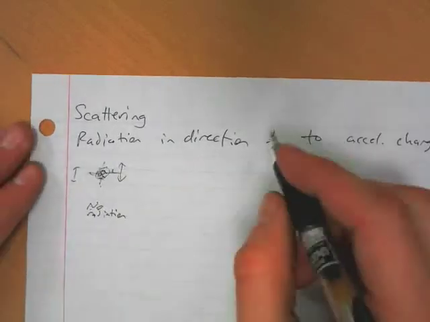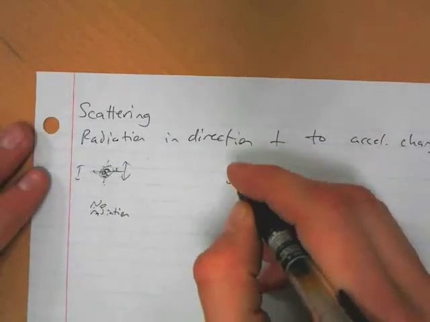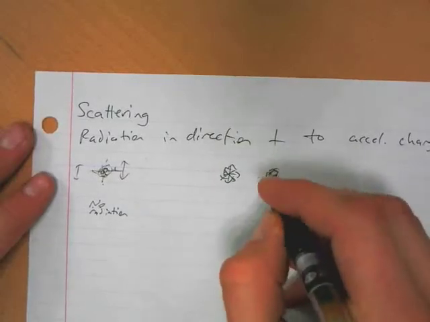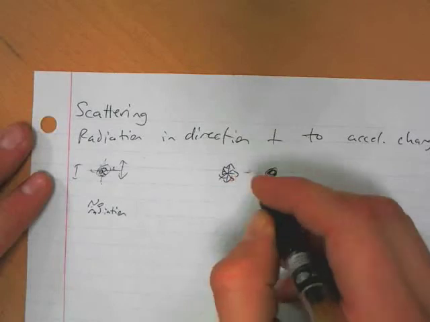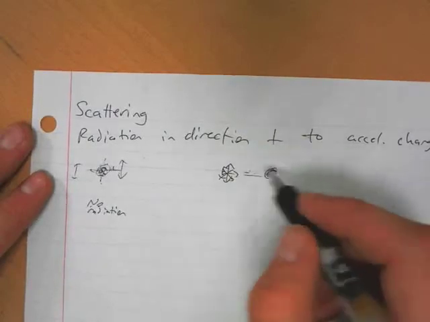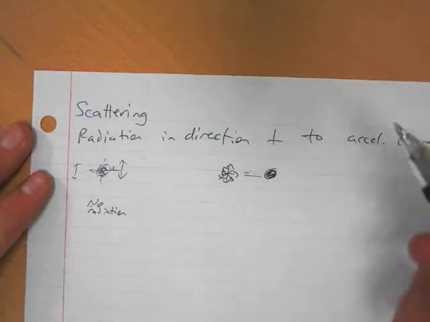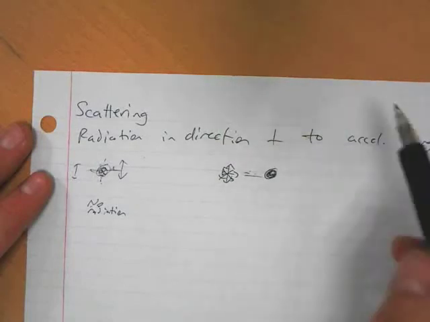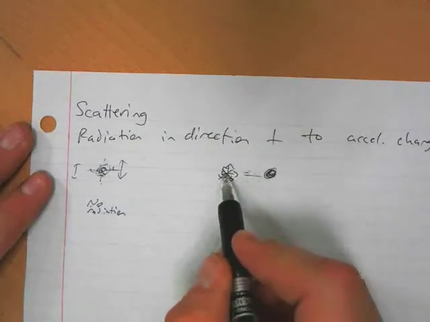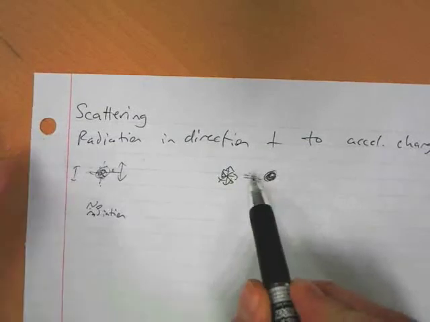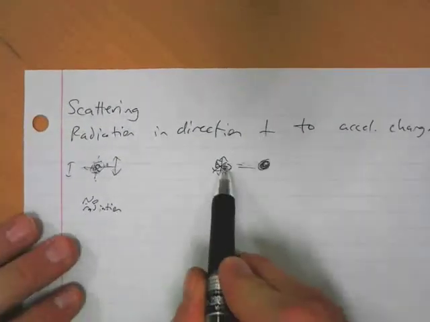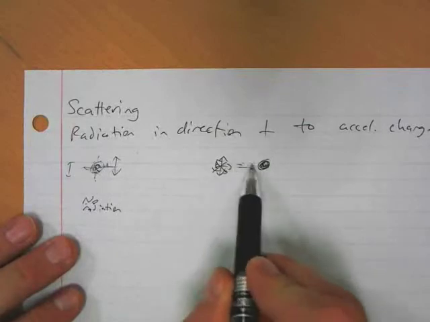Now let's say we've got some unpolarized light coming in at our molecule, and it's moving this way, hits our molecule, and this guy starts oscillating about in all directions. However, if this is moving to the right, this is difficult to visualize, so I'll probably try to re-explain it in class. But anyway, let's say this is moving to the right and it's unpolarized.